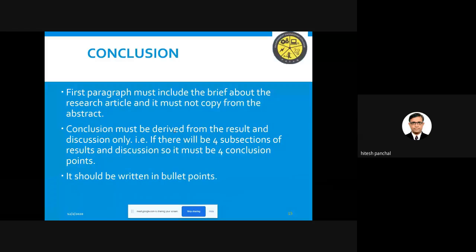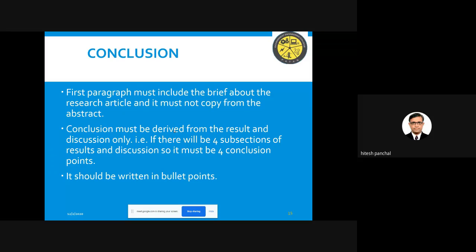Now, conclusion. Earlier we studied the abstract. What is the difference between abstract and conclusion? The abstract is a brief idea or brief summary of the work in your paper. It must include your current state of the art, your introduction, your materials and methods, all such things.